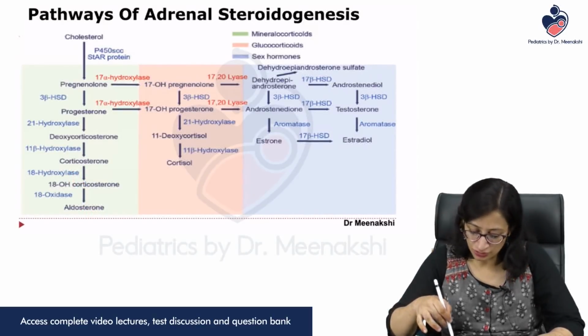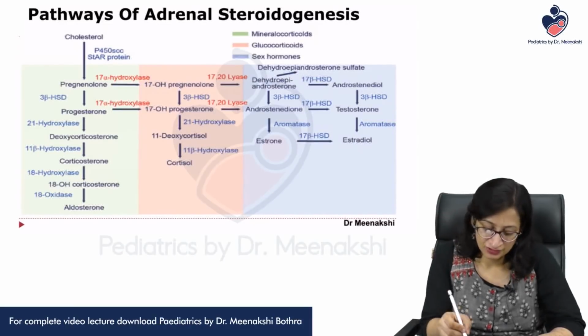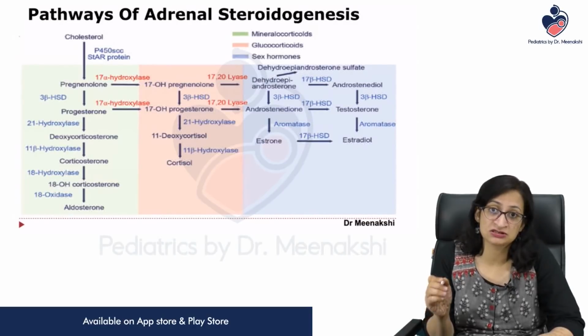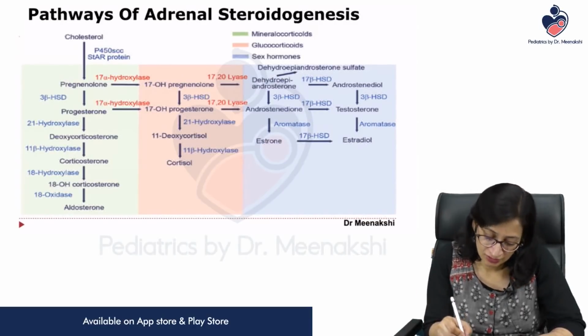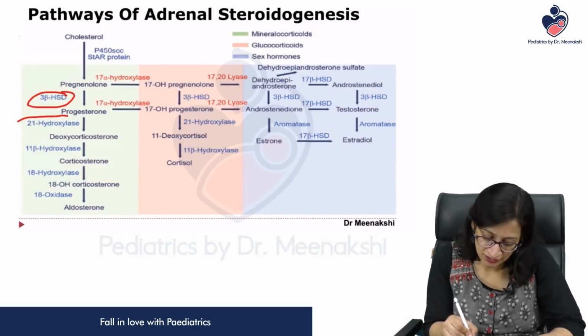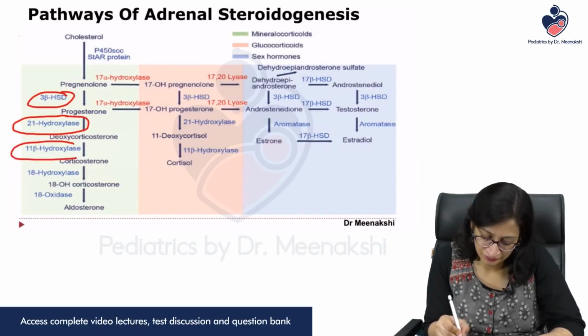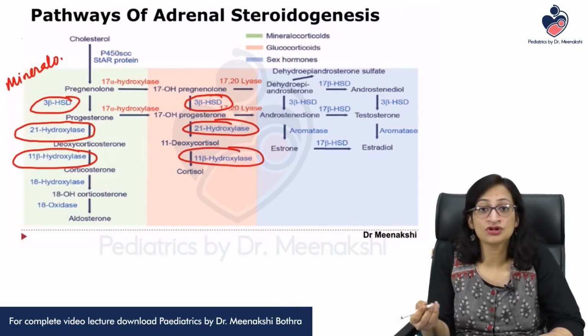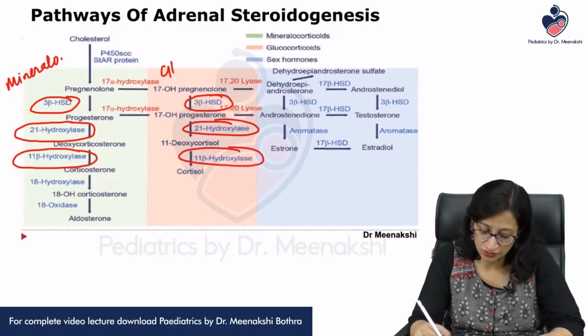What is important to note here is that the sequence of enzymes in the mineralocorticoid and glucocorticoid pathways is 3, 21 and 11.